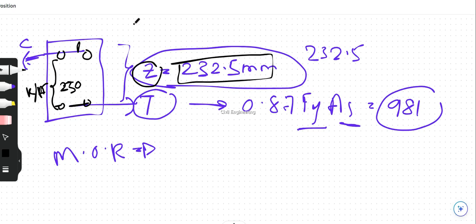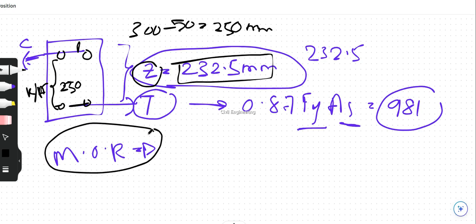By this calculation, the distance between the top and bottom reinforcement is equal to 250. Then how can we find the moment of resistance here?